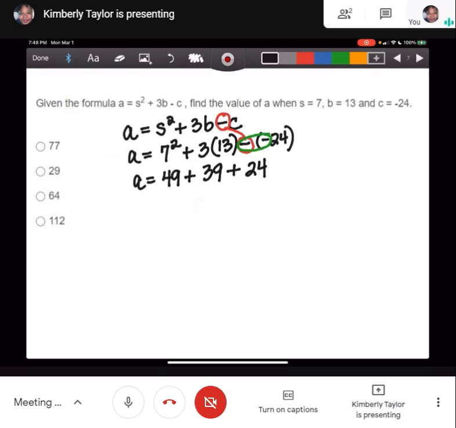Now the last part is just to add everything up. 49 plus 39 is going to get me 88, plus 24. And so the value of A is 112. All right, let's keep going.